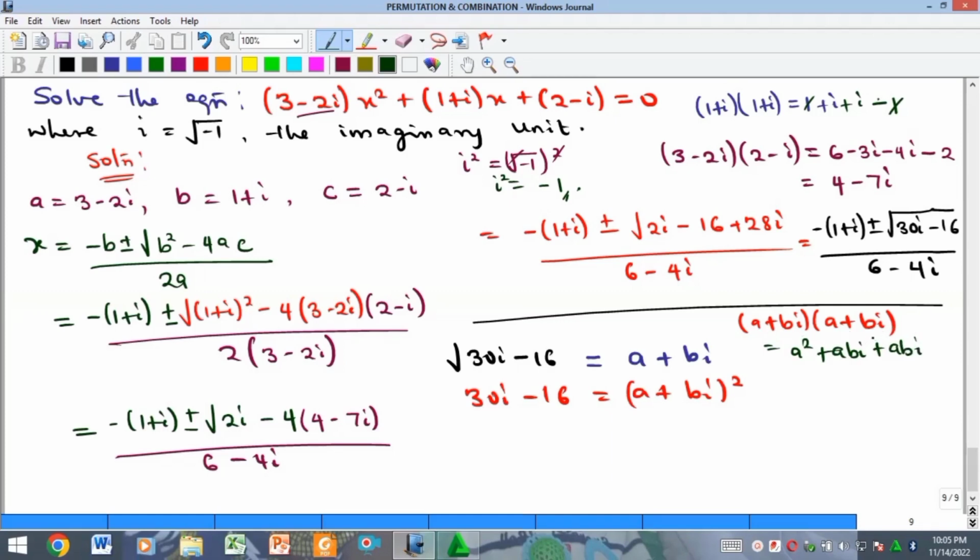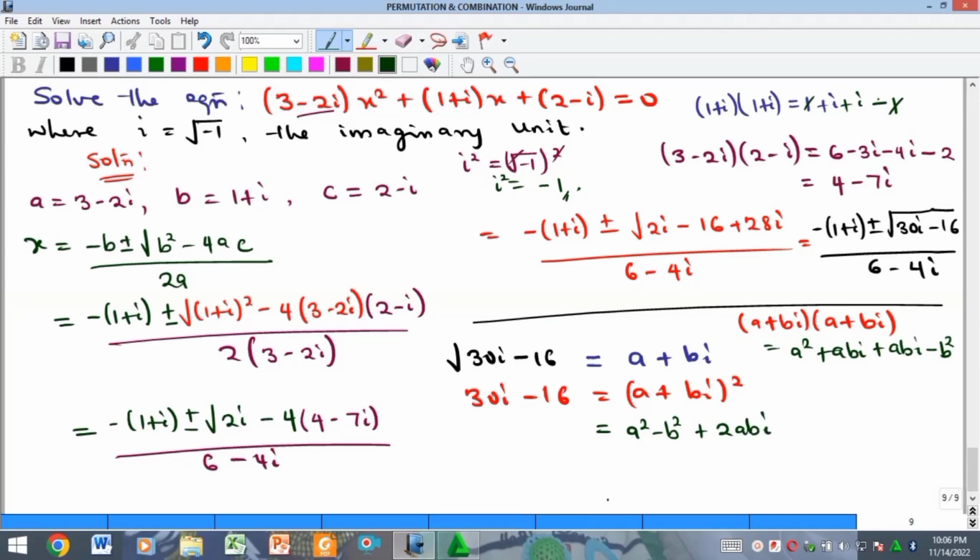Remember, i squared is negative 1, so multiply b squared by i squared, you have negative b squared. And so that's going to give us a squared, then minus b squared, and abi plus abi is equal to 2abi.